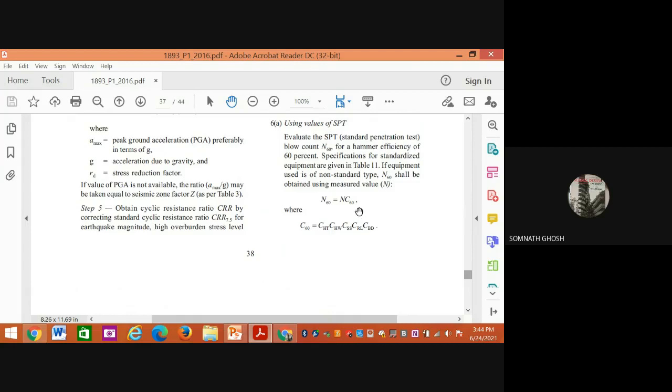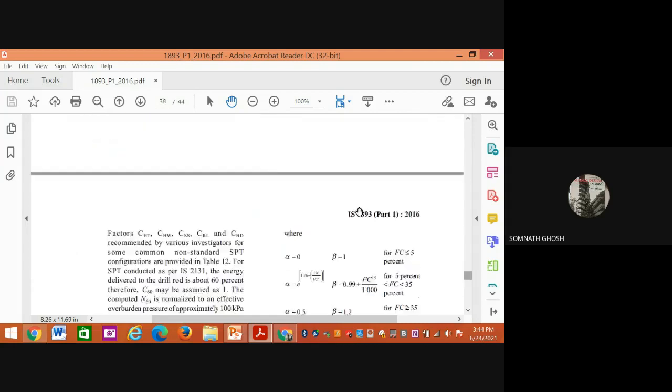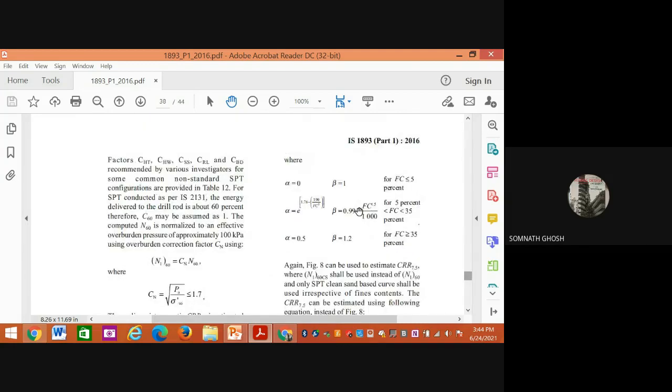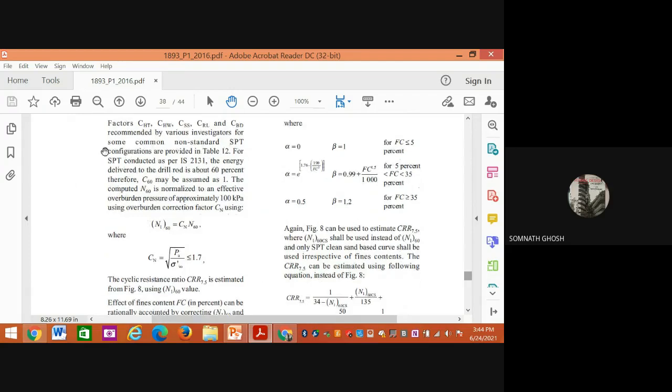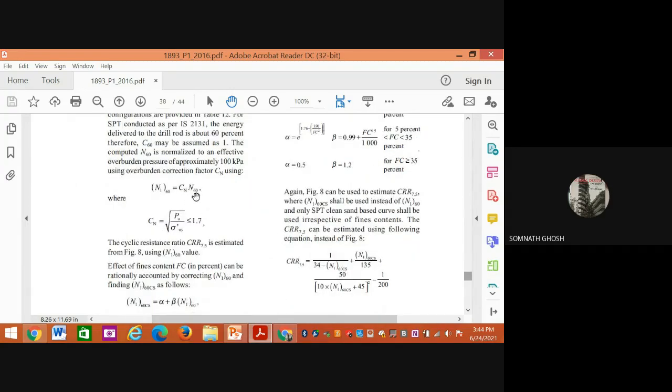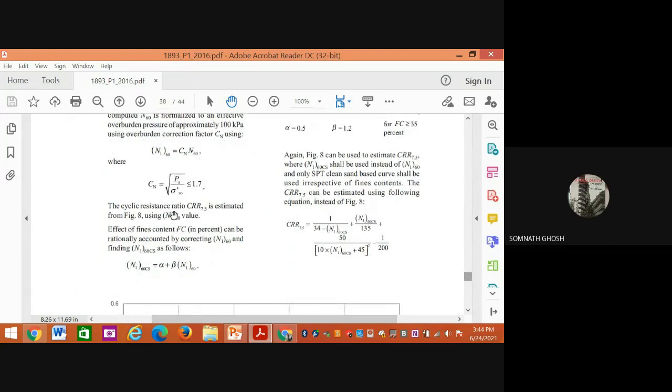These are a few things that will be clear when I do the numerical example. Then finally they got this value Cn equal to so much.